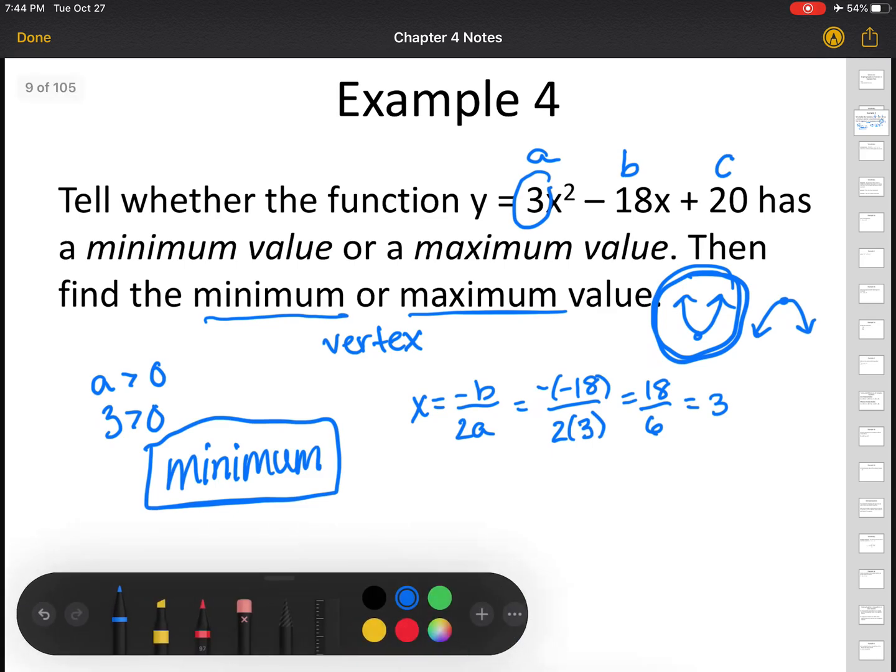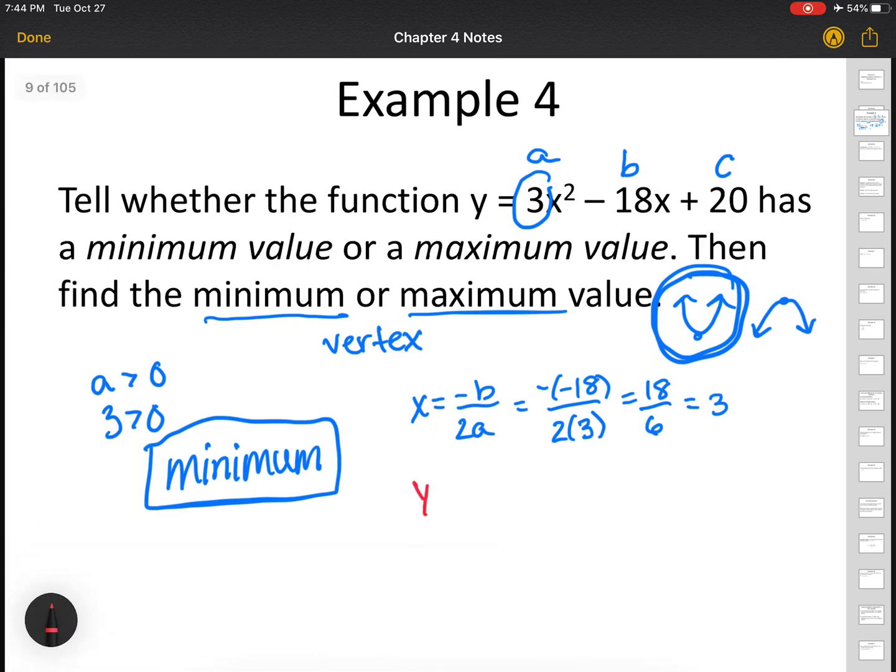But now I need the y value. So again, to get the y, I'm just going to re-plug that back in. If I do that all in the calculator and simplify, I should get y equals negative 7.